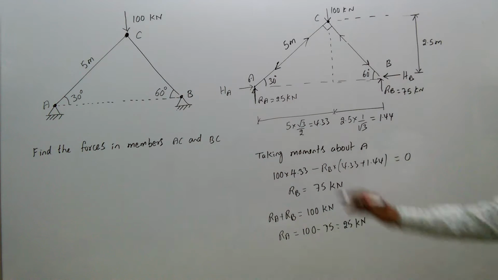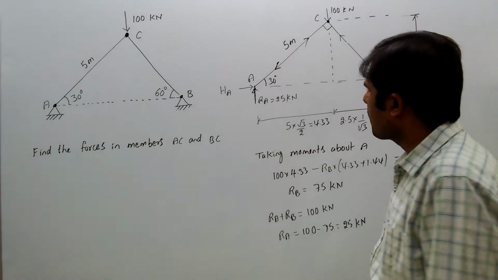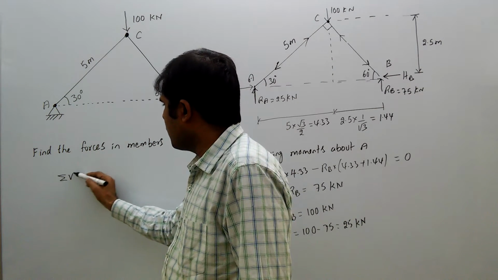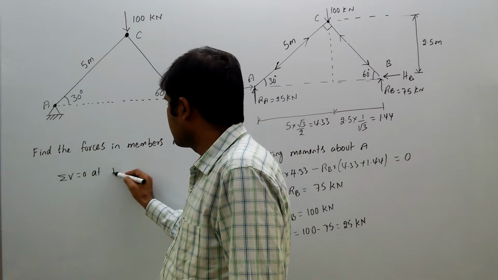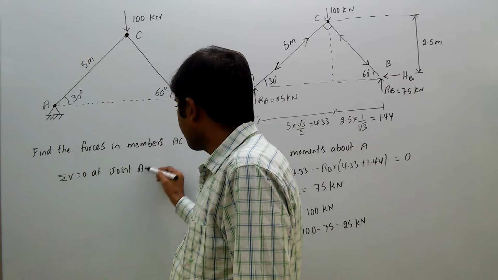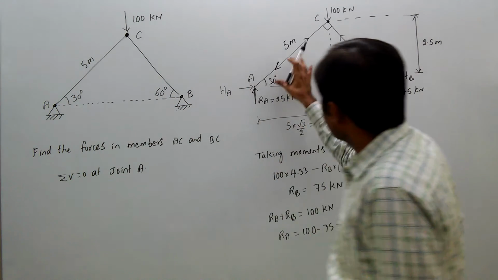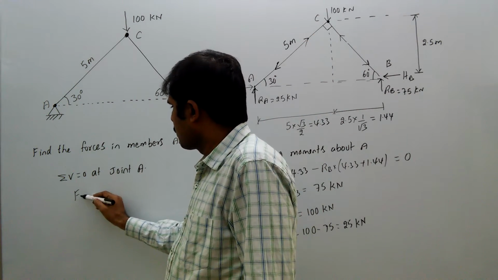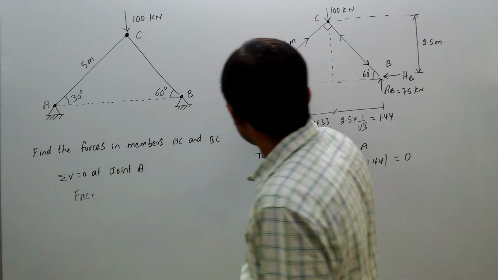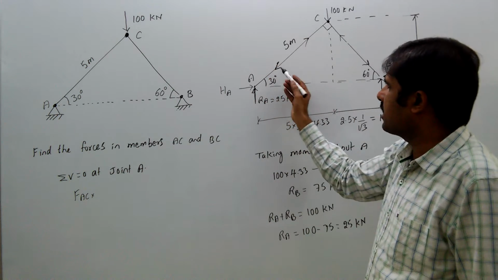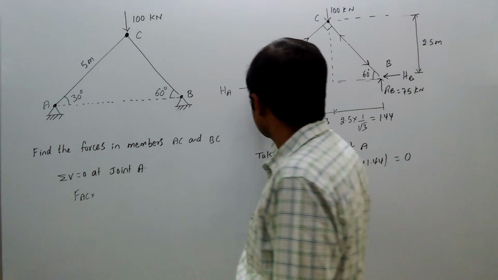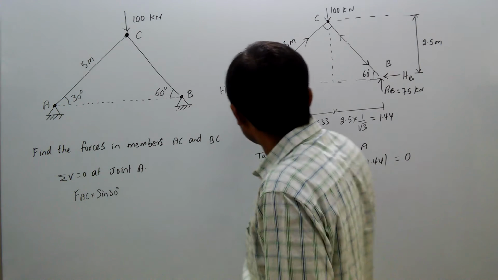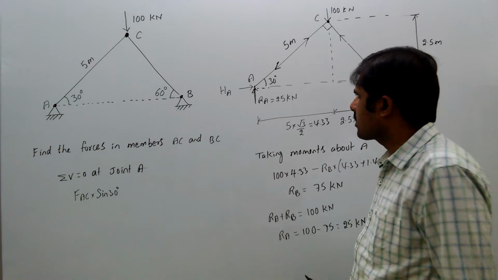Now analyzing at A, vertical component. So first sigma V equal to 0 at joint A. That means vertical component of this force is force in AC into sin 30, because horizontal component is cos 30, vertical component is sin 30.